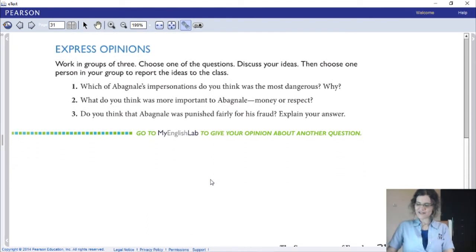Great. That brings us to the last part of reading 1, which is expressing opinions, where we reason concepts and ideas, and we think about the 5 W's and I and H. Why is it the way it is? Why is it not another way? What is it? What could it be? How was it done? When was it done? All those kinds of questions.